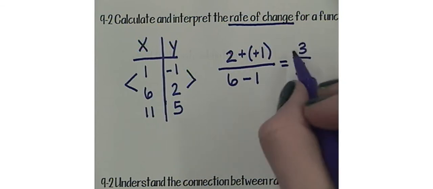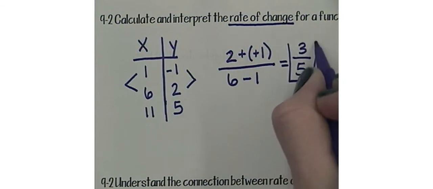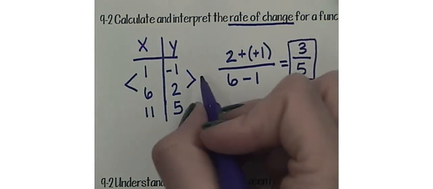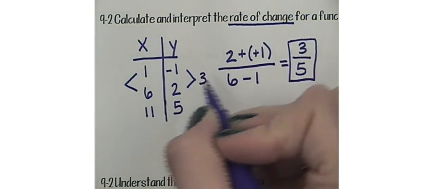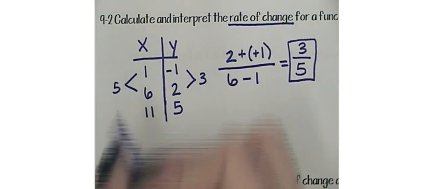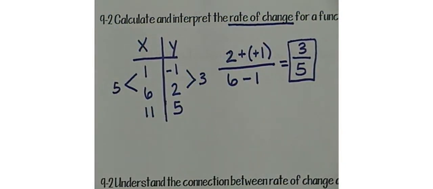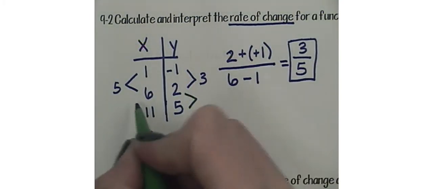And 3/5 doesn't reduce or simplify. So my y values are increasing by 3, and my x values are increasing by 5. So 3/5 is my rate of change, or my slope. Okay. Now, if you wanted to, you could calculate the slope between these two as well.